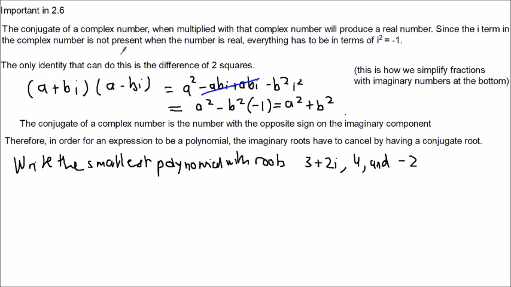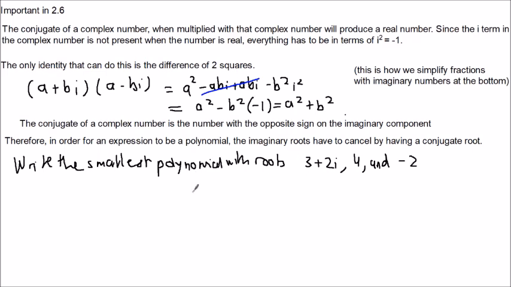So we have this difference of two squares thing, right? And in order for an expression to be a polynomial with real numbers as its coefficients, we have to have an imaginary root cancel with another imaginary root that's its conjugate.